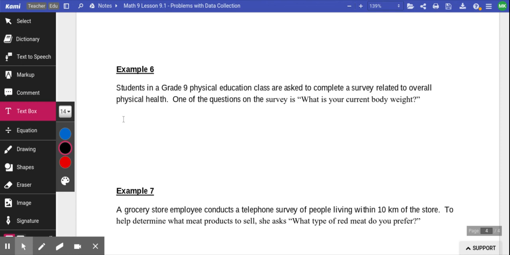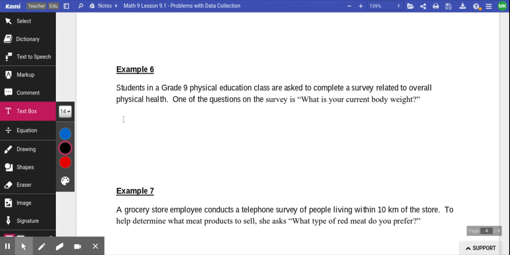The goal of the question was to figure out what meat products to sell. However, the question asked, what red meat do you prefer? And by asking that, you're now getting people to focus in on red meat.